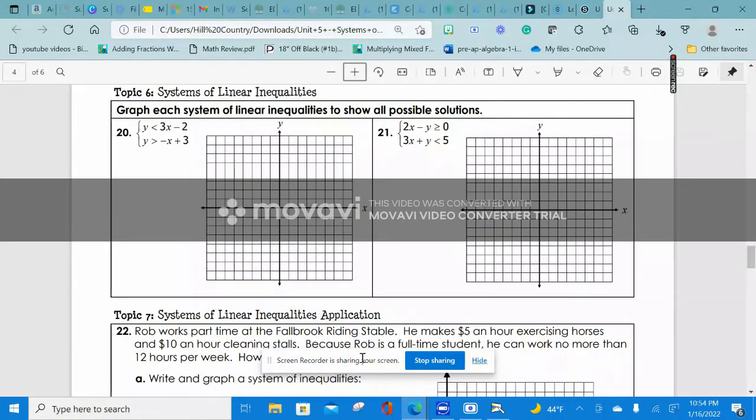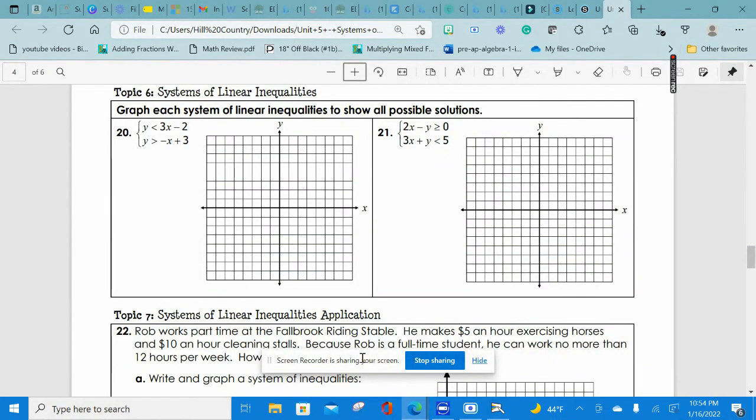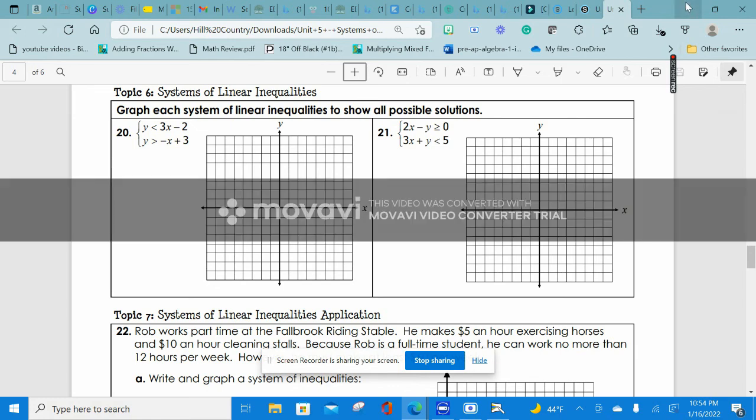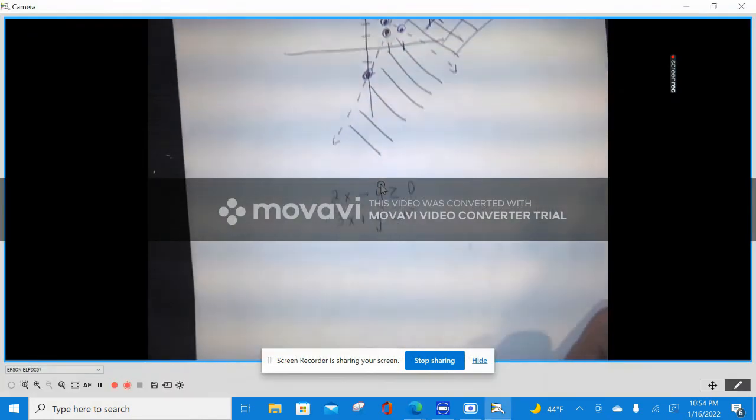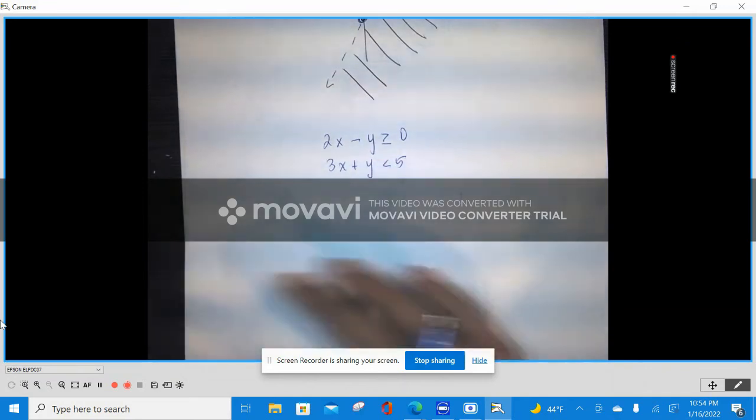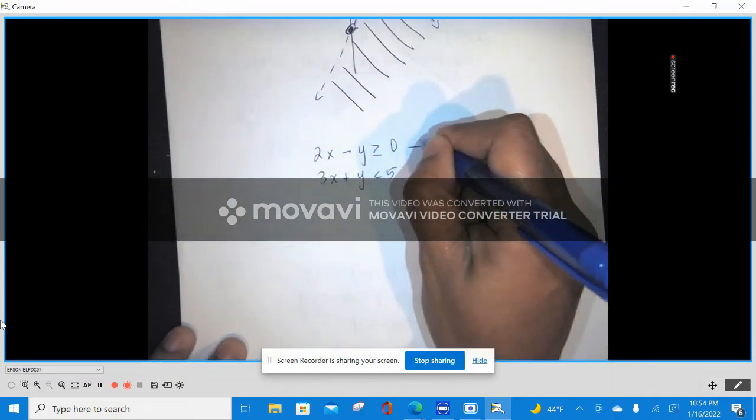So let's look at 21, because at least on 21, you notice again, we have to do the extra work where y is just not by itself. All right, here we go. So for this one, get them in slope-intercept.